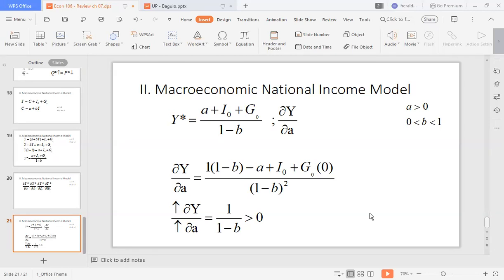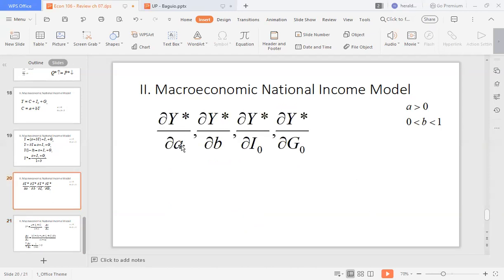Okay, now we're left with, again, we can answer A and B. You can do the rest for investment and government spending. I'll just complete B for now.